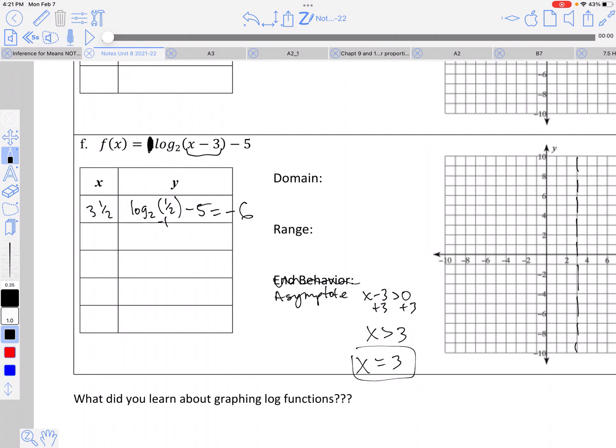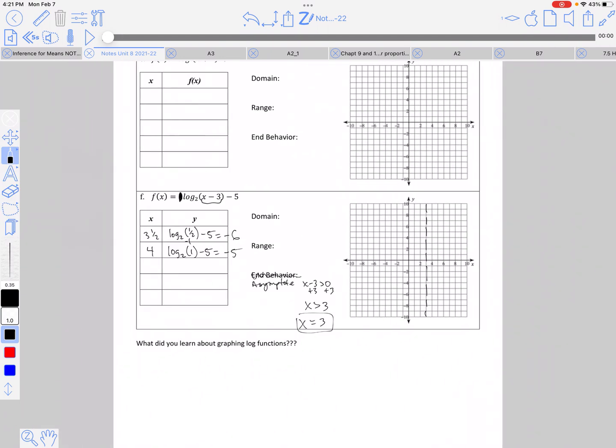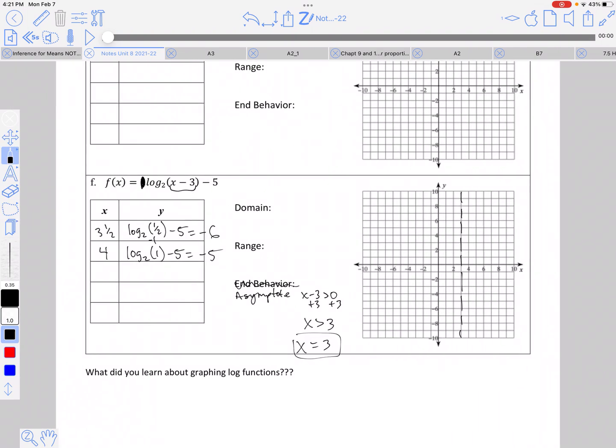Sweet. Now I'm going to just kind of jump up from there to the next whole number. I'm going to do 4 minus 3, which is 1. So it'll be log base 2 of 1, which is 0. 0 minus 5 is -5. So I'm going to plot those 2 points. At 3.5, I'm at -6. At 4, I'm at -5.